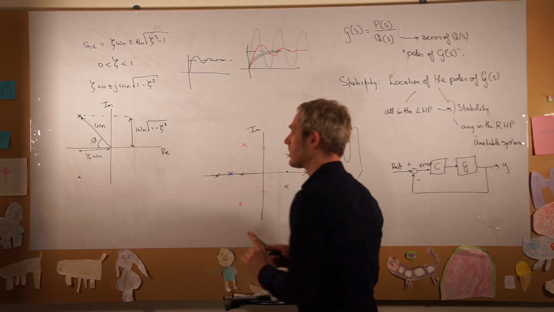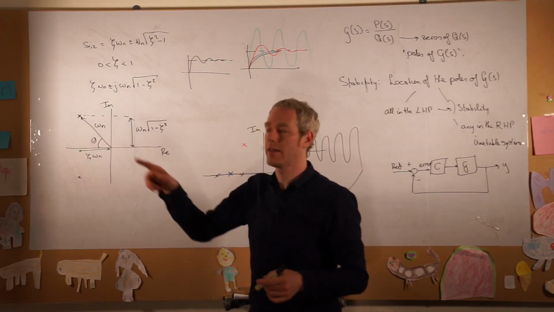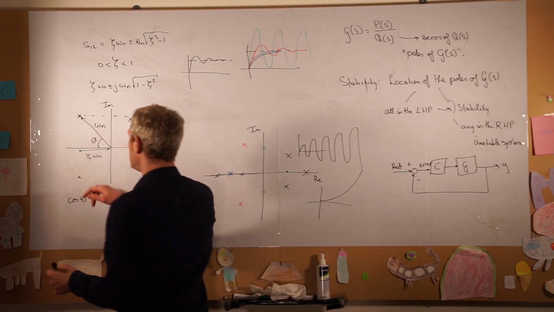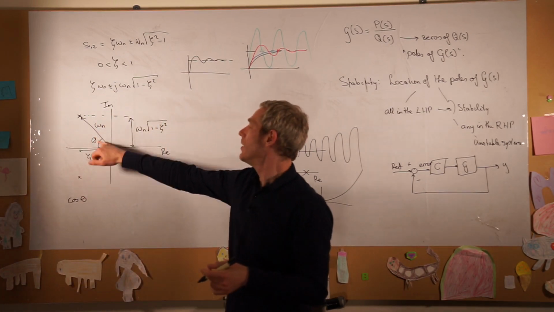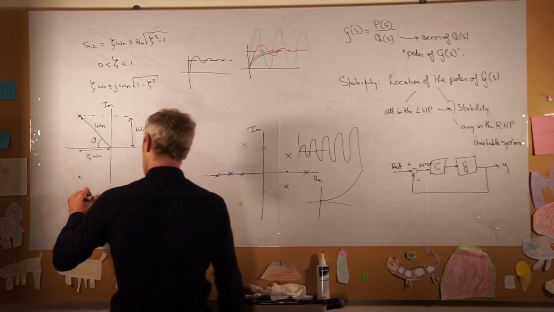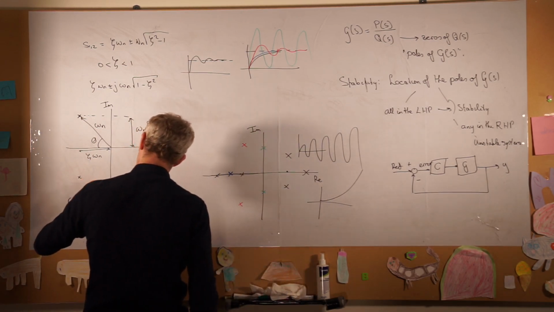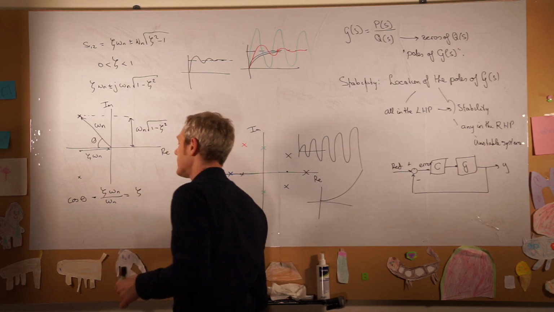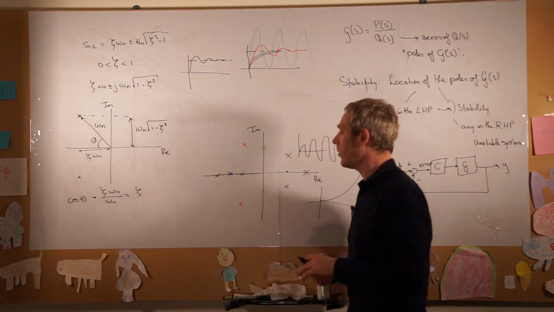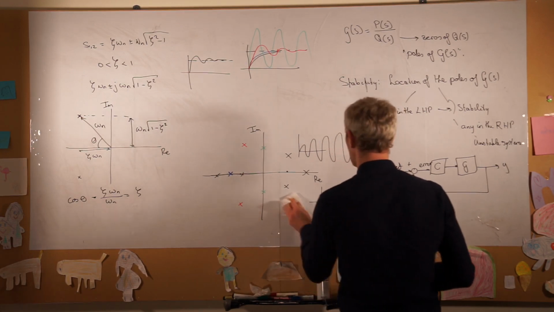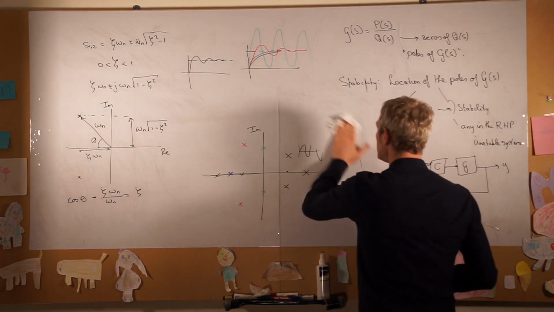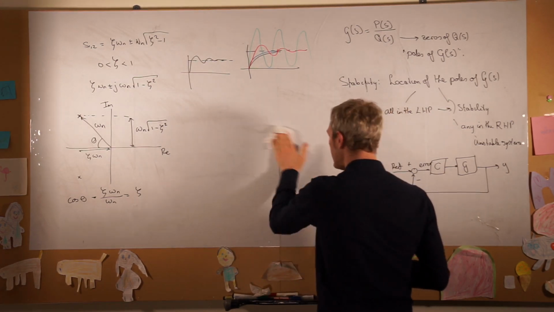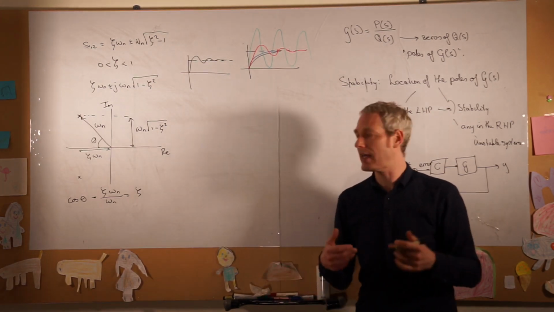But something else interesting happens. If I look at this angle theta, I know that the cosine of theta is zeta omega n divided by omega n, so zeta omega n over omega n, and we end up with zeta. So any set of poles on the line with angle theta will have the same damping ratio.